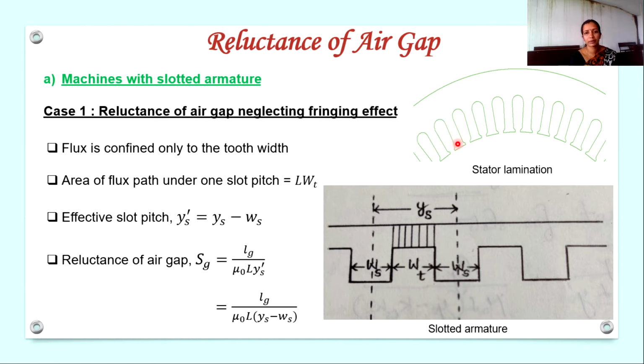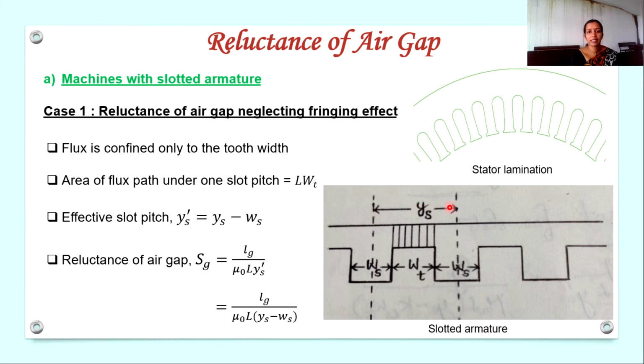You are familiar with it. So I am drawing the figure like this. Here also the width of the slot is marked as Ws, the width of the tooth is Wt, the length of the air gap is Lg, and we are considering the area under one slot pitch.